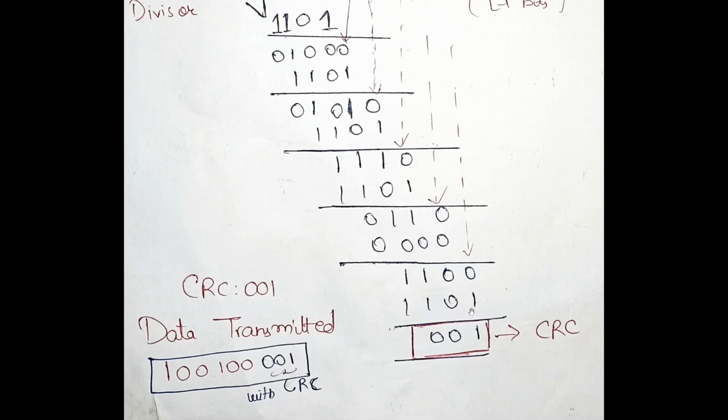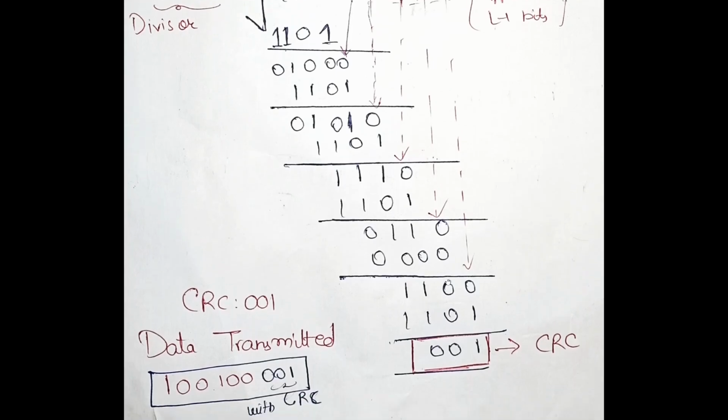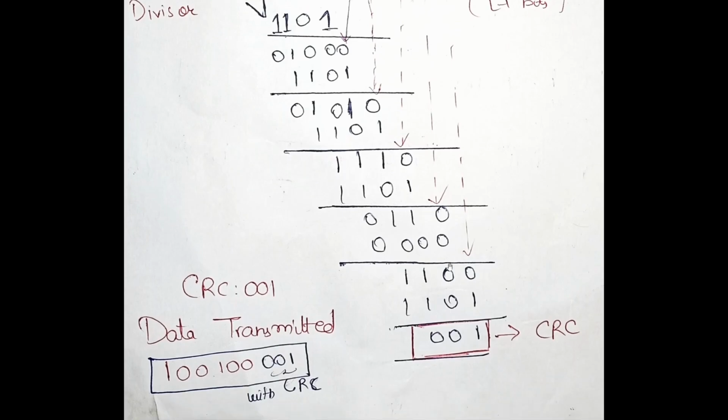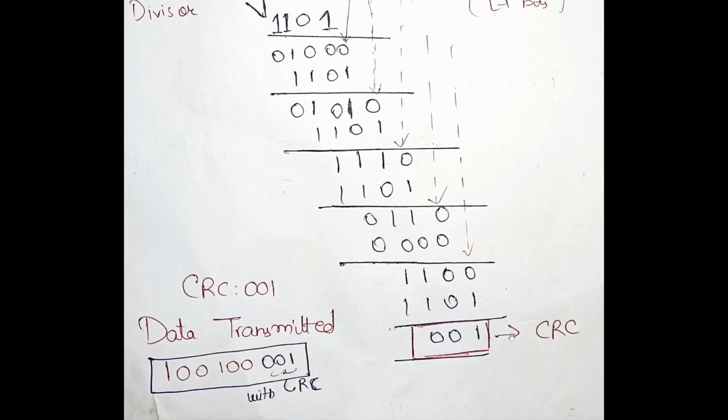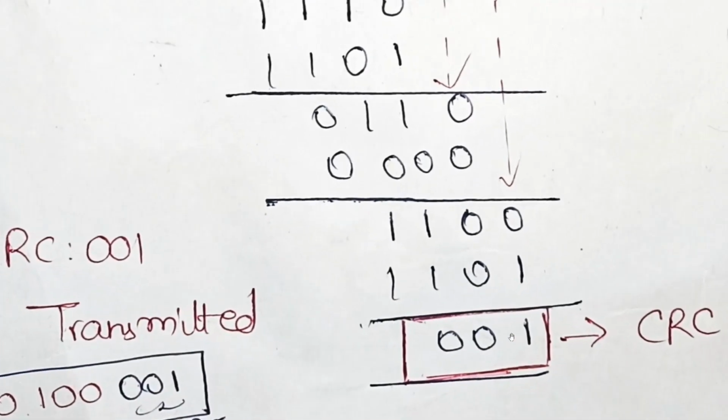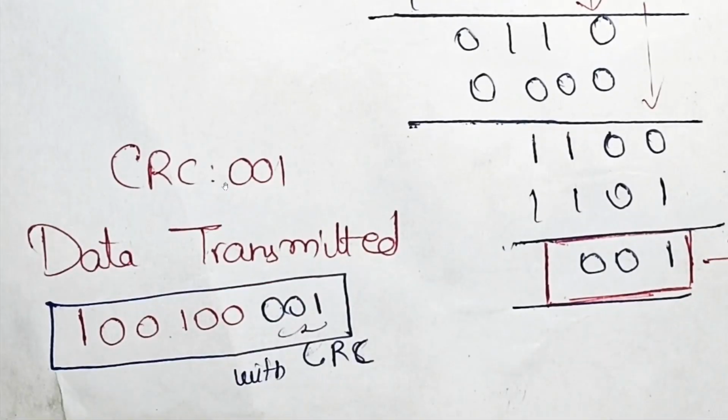Remember, the CRC is always going to be less than the divisor. Its bits are going to be L minus 1, that is, one less than the length of the divisor. If the divisor has 4 bits, then the CRC will have 3 bits. Okay, we got the CRC. Now the CRC came out to be 001. Now the data transmitted will be 100 100 and 001. That CRC is going to be appended at the end.